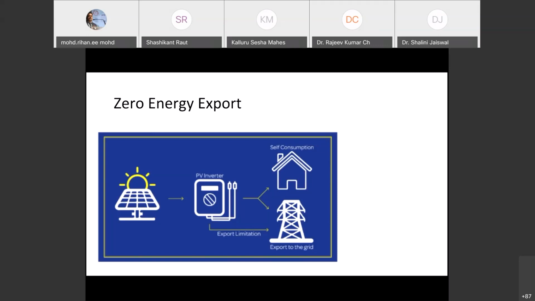The second is the technical aspect. The grid operators need to know the maximum power which can come from a particular area to the grid. Because of these issues, it has now been made mandatory that those who are not coming under the net metering system should install a zero energy export device with their plants.